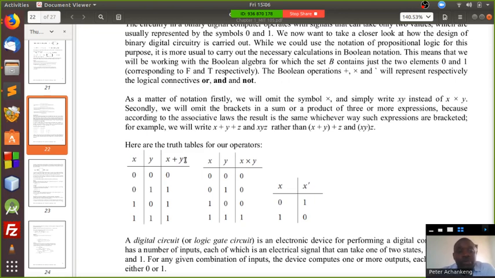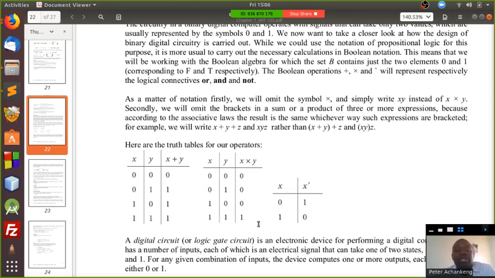And if you look at the truth table, you see that for the addition sign, which is the OR, it's only 0 when both x and y are 0. And for the AND, it's only 1 when both x and y are 1.